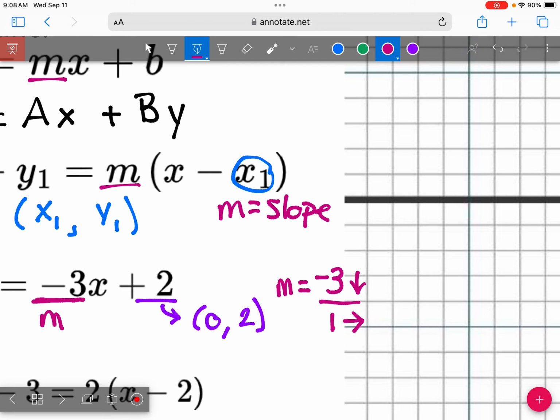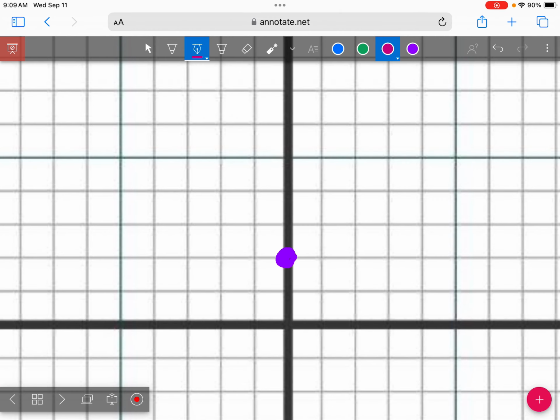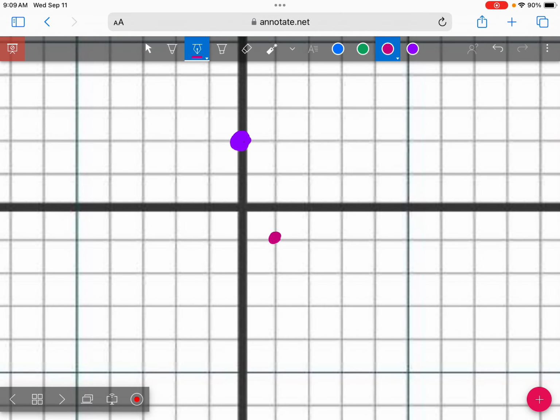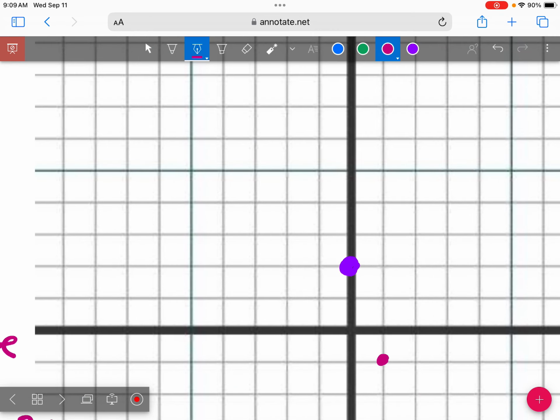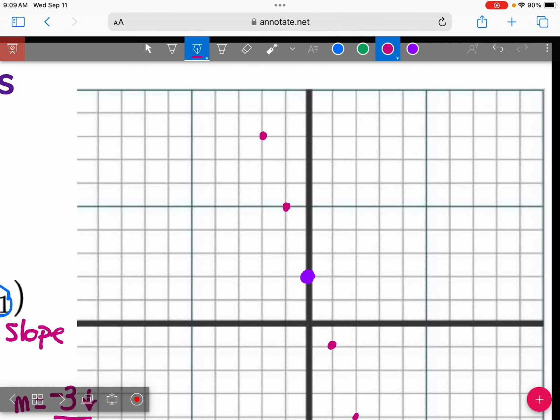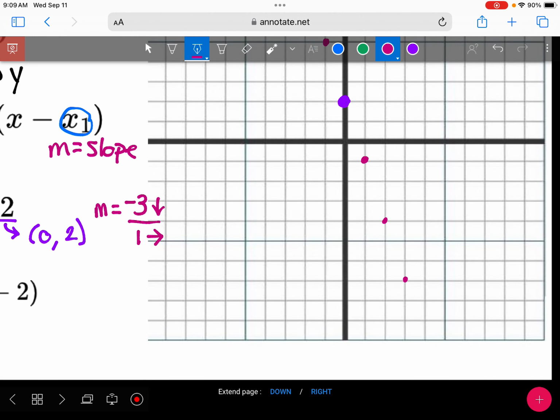Since it's negative, we need to flip 1. So we're going to go down and to the right. Down, 1, 2, 3, right 1. Down, 1, 2, 3, right 1. Or we could go up 3, 1, 2, 3, and left 1. Totally fine to do so. Still gives us a negative slope. We're going to connect them up.